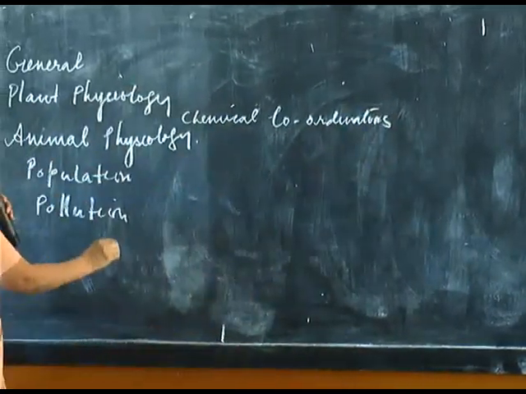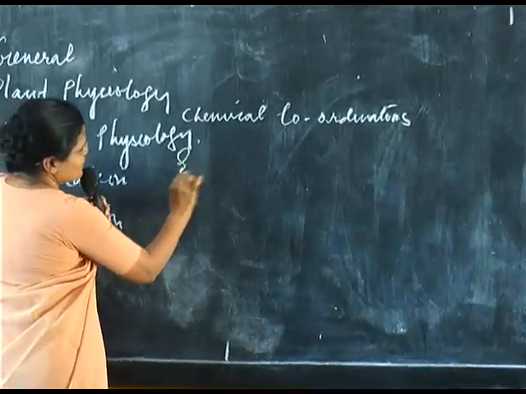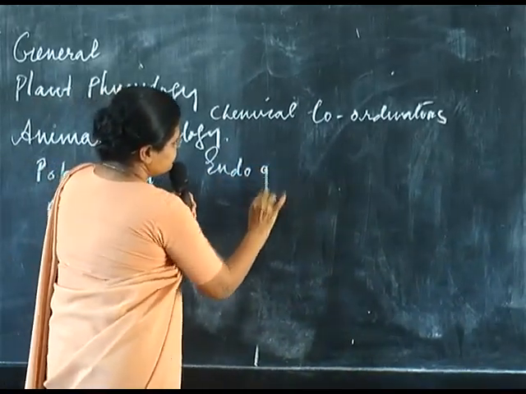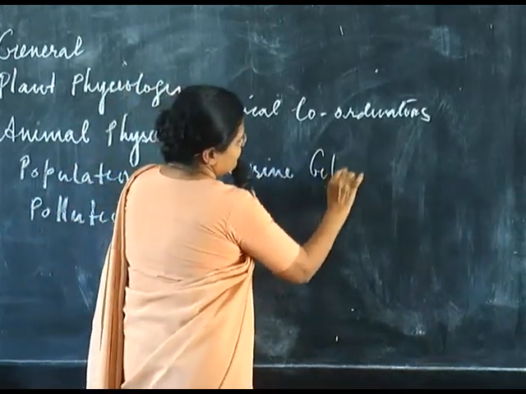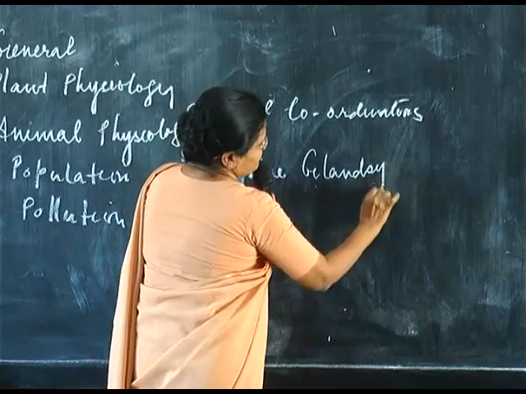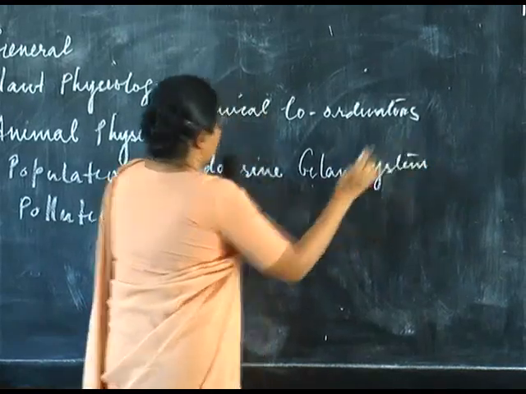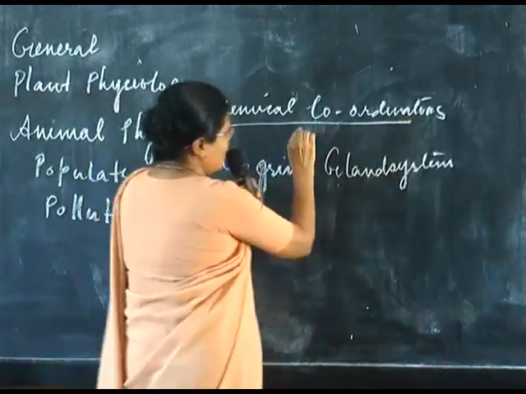With the animal physiology, you have the endocrine gland system. Now, they too are hormones.